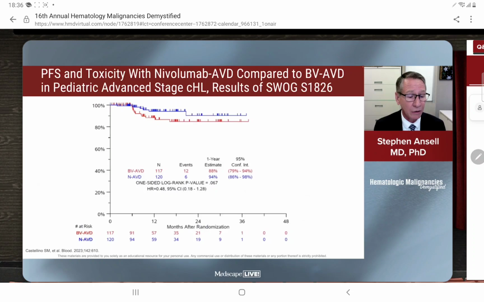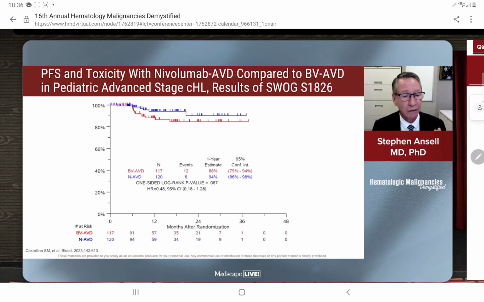This is the data shown for the younger patients. This is those younger, and you can see again that nivolumab AVD chemotherapy shows an improvement in the progression-free survival compared to the brentuximab AVD chemotherapy.